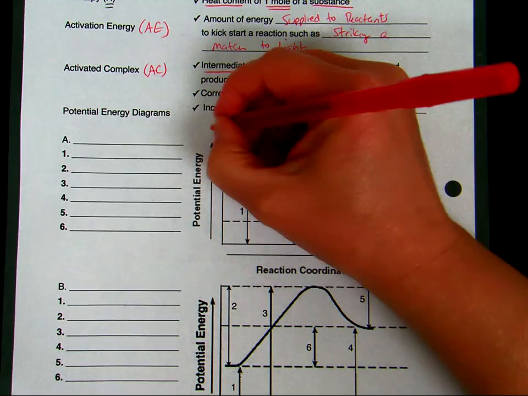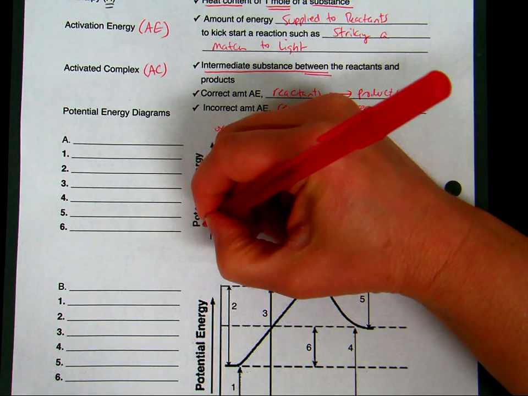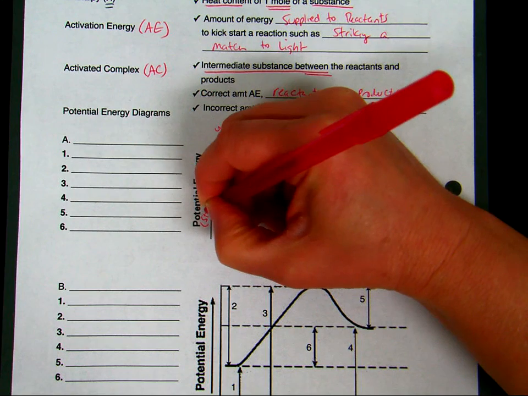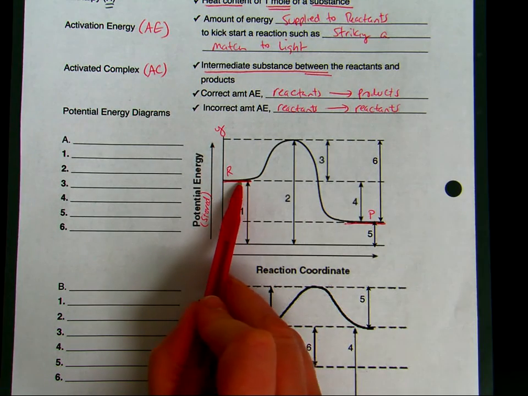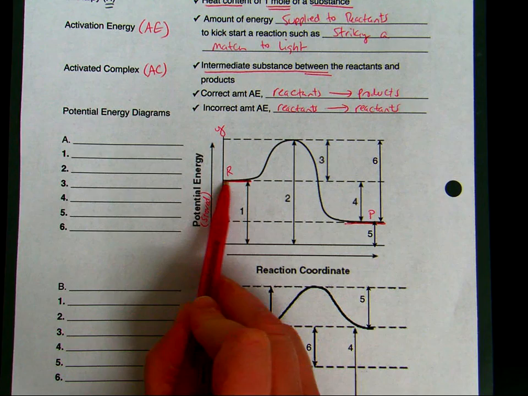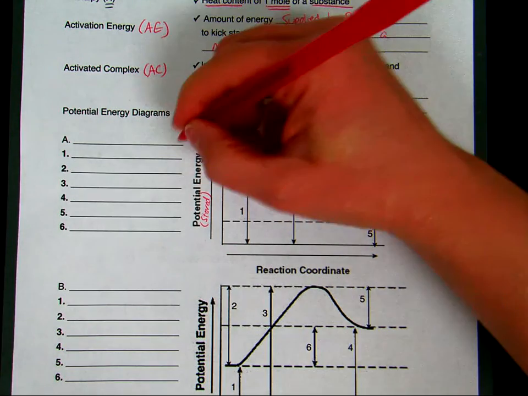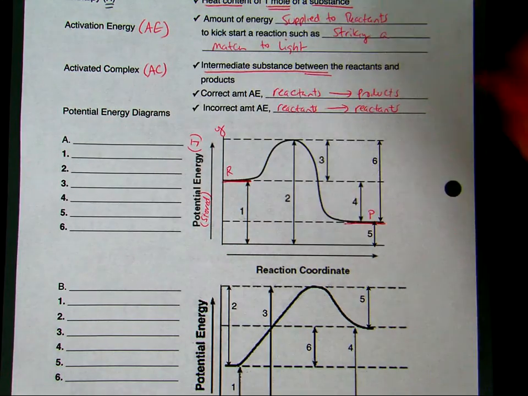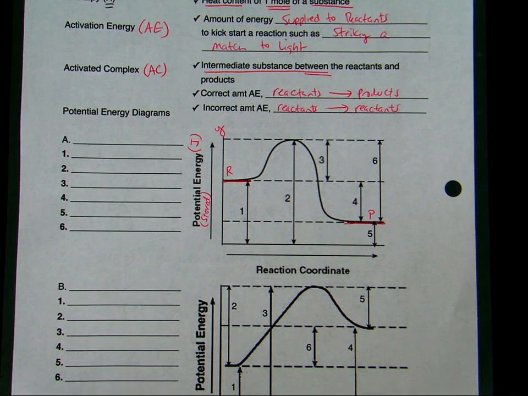The y-axis is labeled as the potential energy, and remember, potential means stored energy. So if we took the reactants platform and had scaling in red off the y-axis, we would know how many joules or kilojoules of energy is stored in that substance.